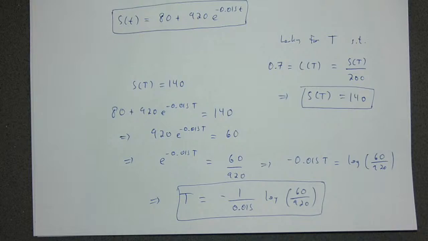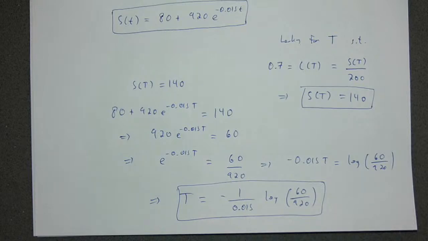Let's see, if I had to write this out in minutes. What is the natural log of 60 over 920? It's like minus 2.73 roughly.